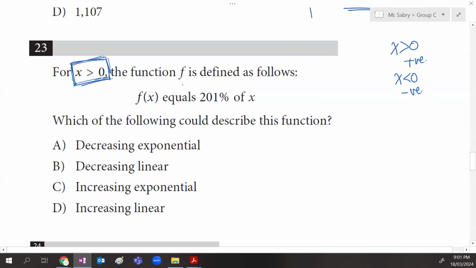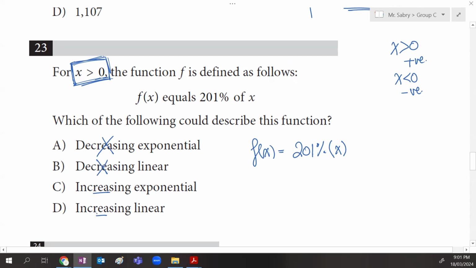Okay. The function f is defined as follows: f of x equals 201% of x. يعني 201% of, meaning times x. And this is the f of x. They're asking you which of the following could describe this function. Is it decreasing? If I'm multiplying by 201%, that's definitely increasing. So it's not decreasing, it's either increasing or increasing.